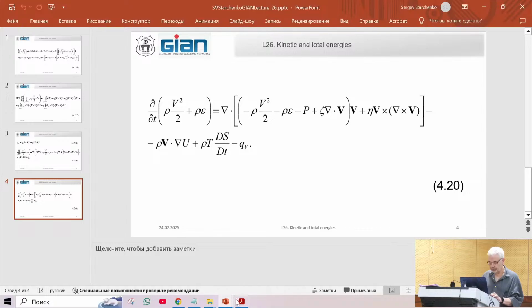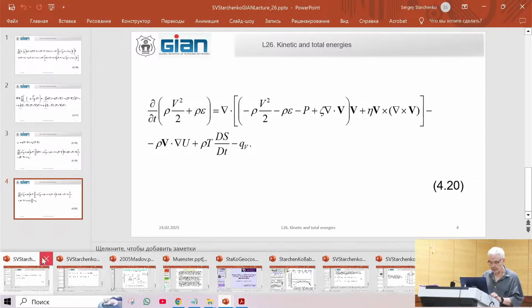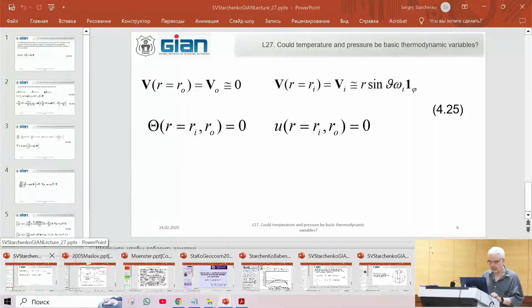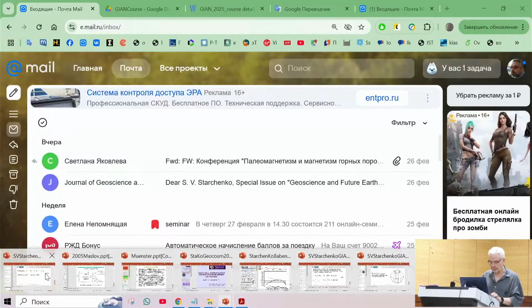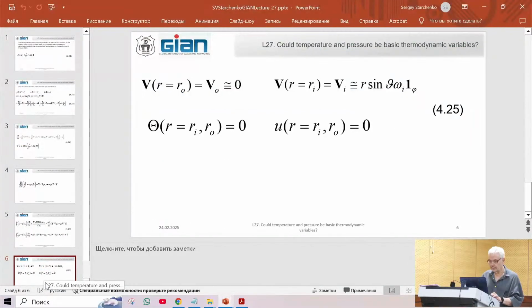Okay, we remove that. And then we proceed. We proceed to the chapter named temperature and pressure as basic thermodynamic variables.